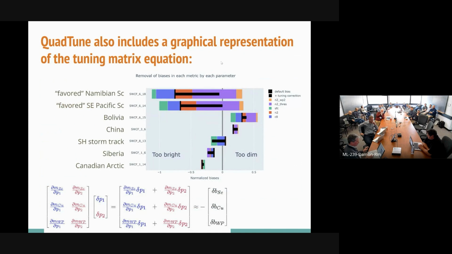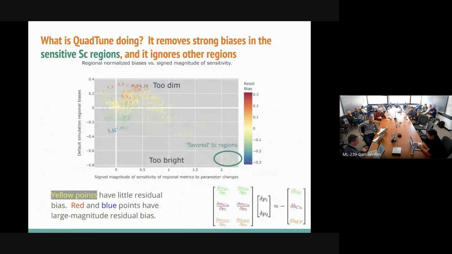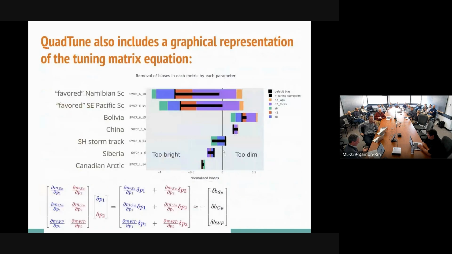This is another one that QuadTune has, which has proven to be kind of useful. It's a graphical representation of this matrix equation that I showed before, essentially. It takes selected regions. Here are our favored stratocumulus regions that it really wants to fit, and here are some other regions.